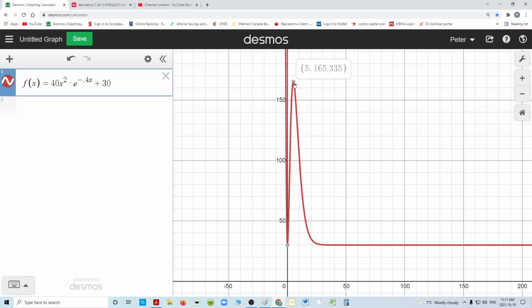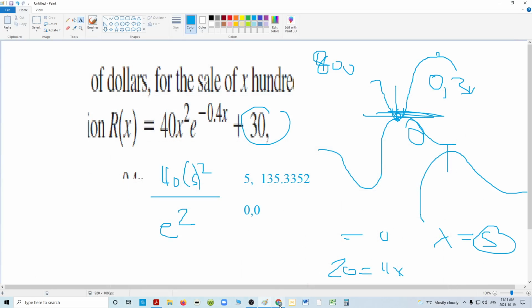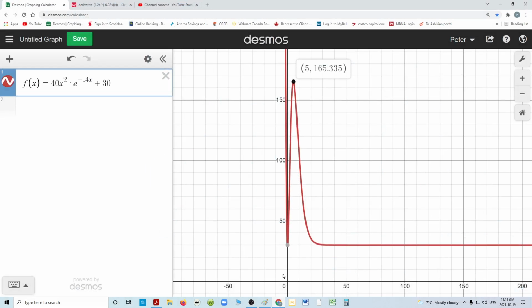And let's see, did I hit it? Yeah, we got it. Did I get the right y value though? No, I calculated the y wrong. So when this is 5 here, it does become -2, and this does become 5x squared. I think I just calculated it wrong. Oh, I forgot to add 30. There we go. So that's where I made my mistake. I forgot to add 30 afterwards. So there we go.